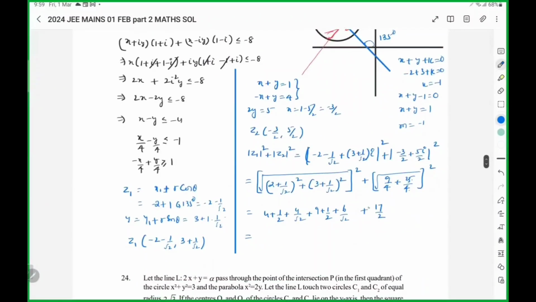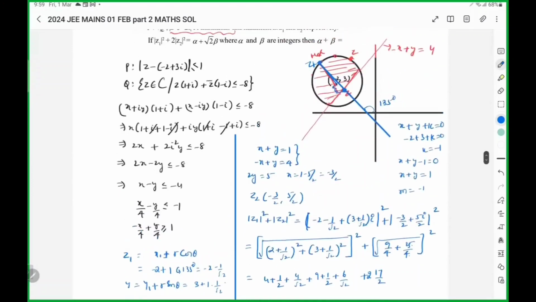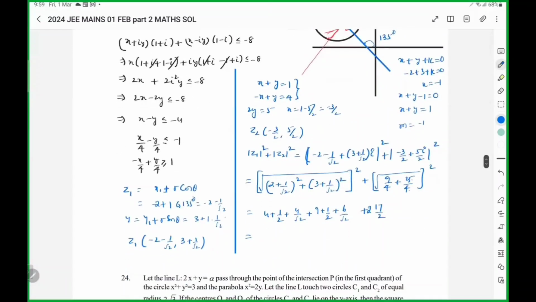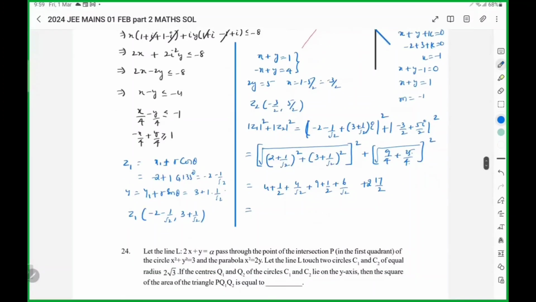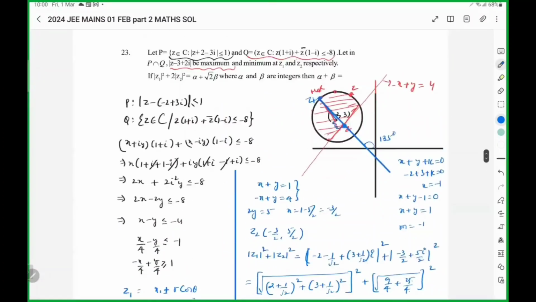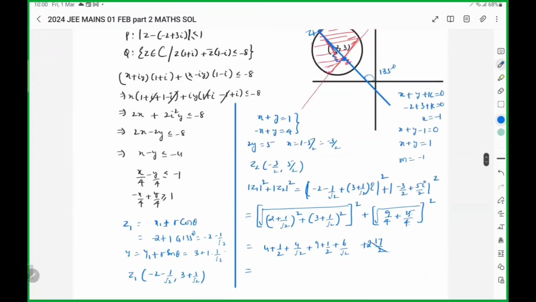This 2 Z square we have given. We get cancelled. 4 plus 9, 13 plus 17, 30 plus 1, 31.